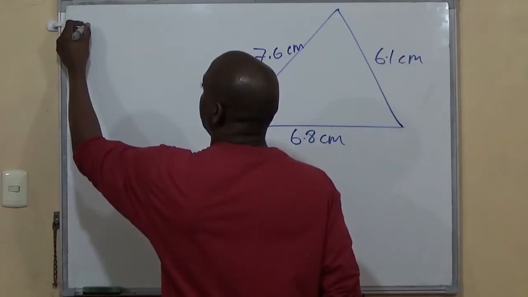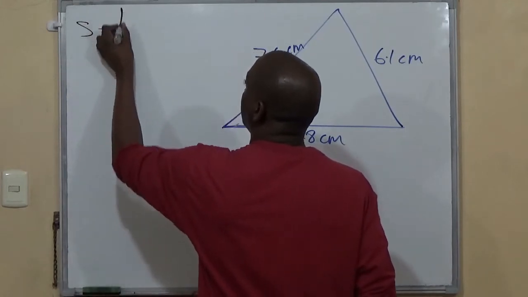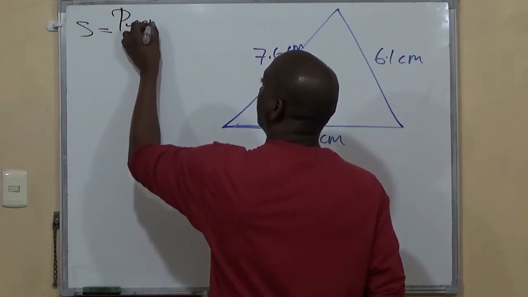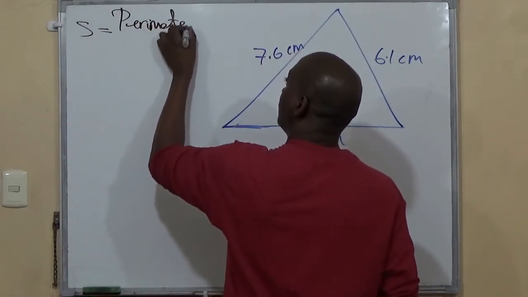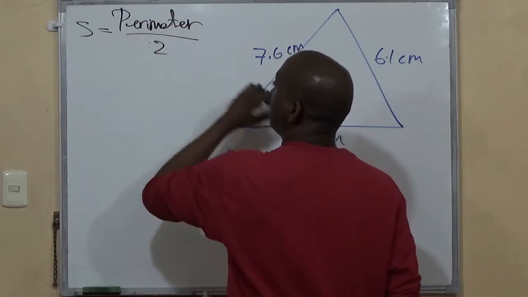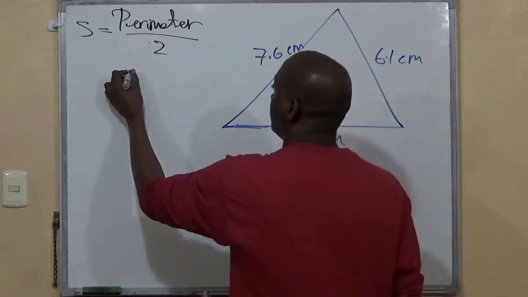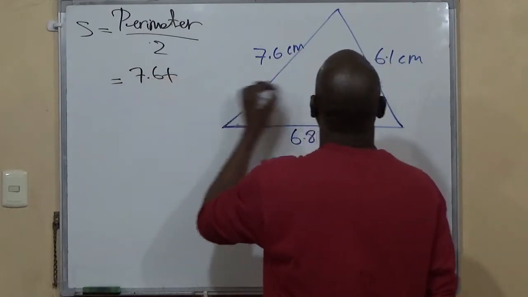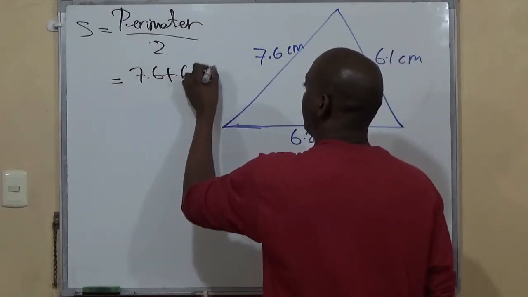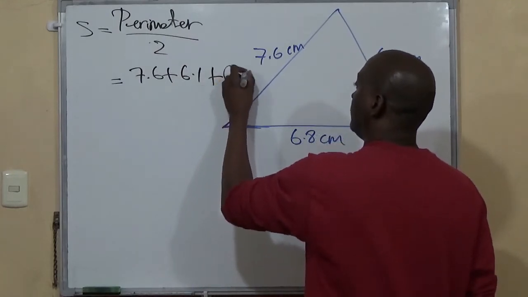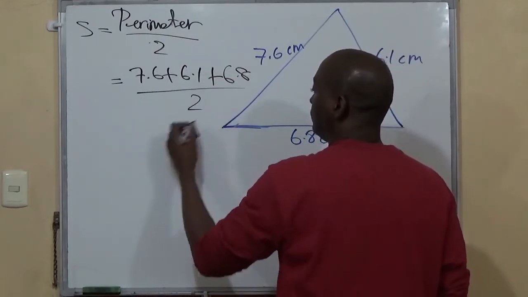So our S, and I'm writing it out here just to make sure that everybody remembers, the S is perimeter over 2. So S would be what? 7.6 plus 6.1 plus 6.8 all over 2.